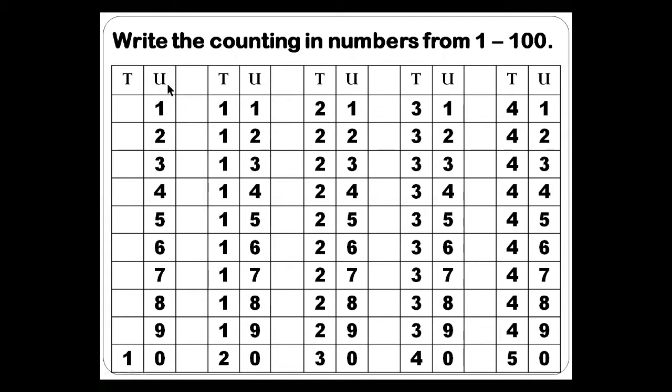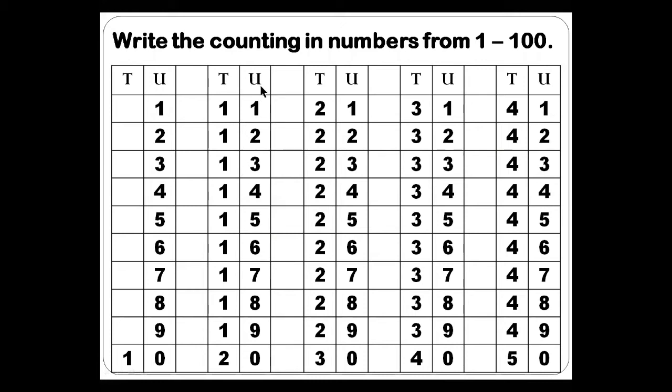First you will write the question, write the counting in numbers from 1 to 100, and then follow this pattern. Use the first two rows for writing the numbers and then leave one row. After it, start the next counting.